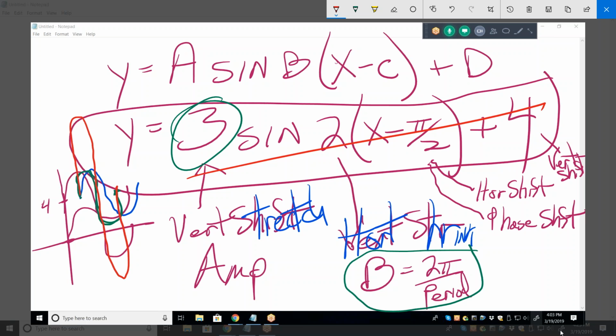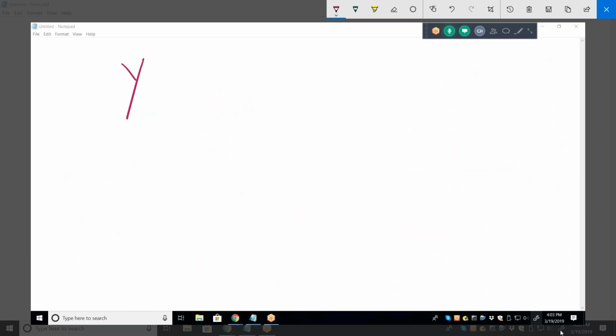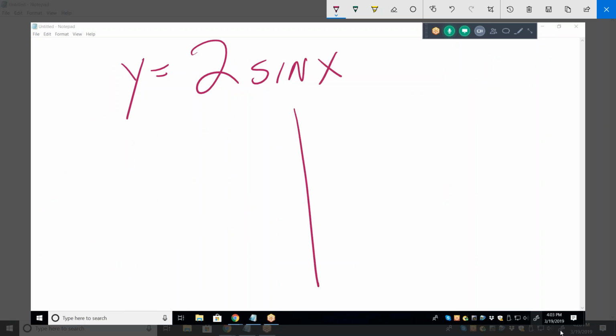Now this is a fairly complicated one because there were 1, 2, 3, 4 transformations that I had to do. Usually you won't have to do that. In other words, let's take a simpler one. In fact, let's take them one step at a time. Okay?